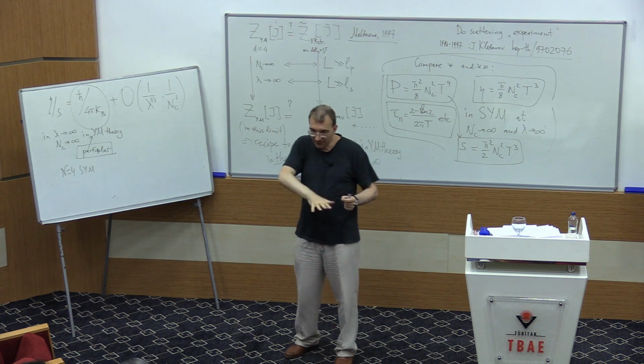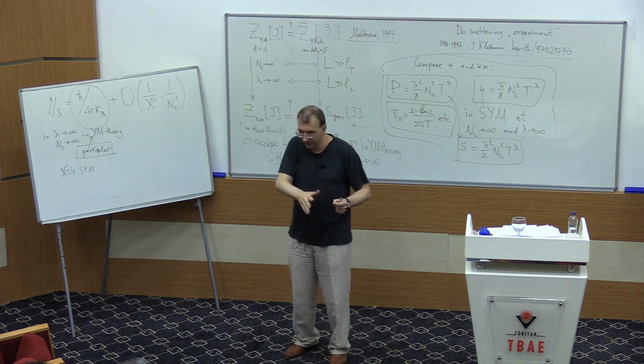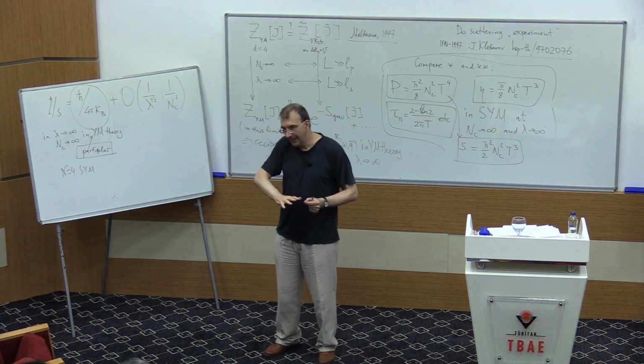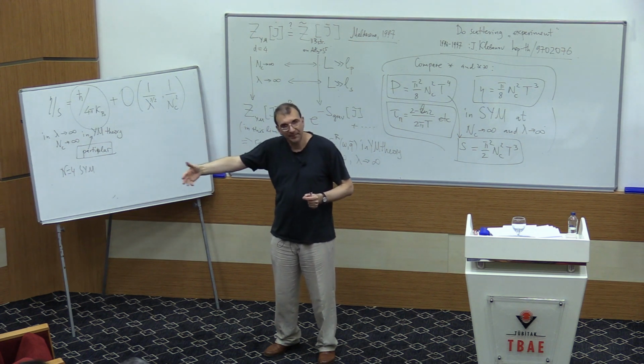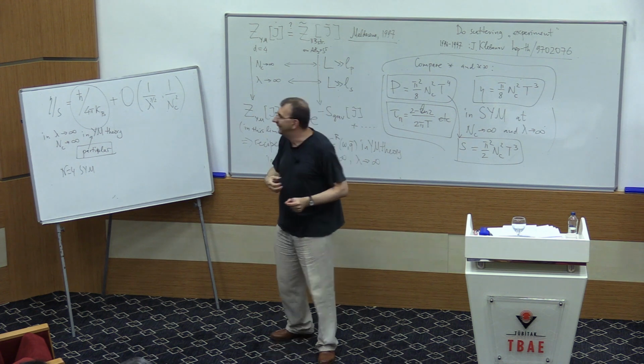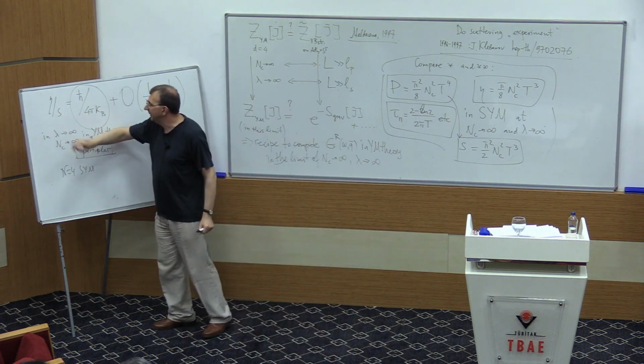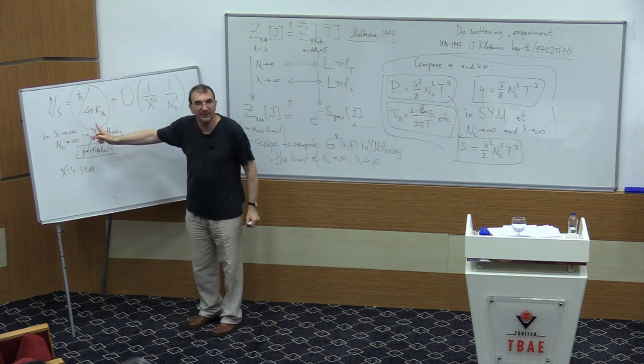So if you have a theory which is described, in some limit, for example the infinite coupling limit, by a dual gravity of any type, and you don't even know explicitly what this gravity is, there is a theorem which guarantees that the value of shear viscosity to entropy density is 1 over 4 pi in this limit.